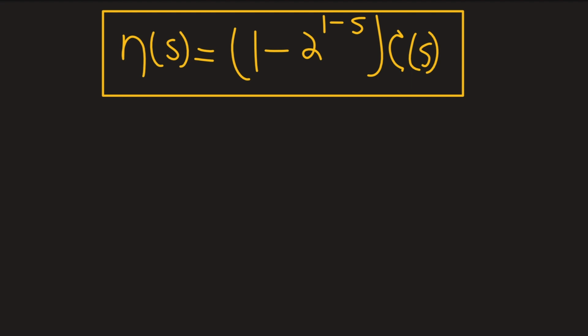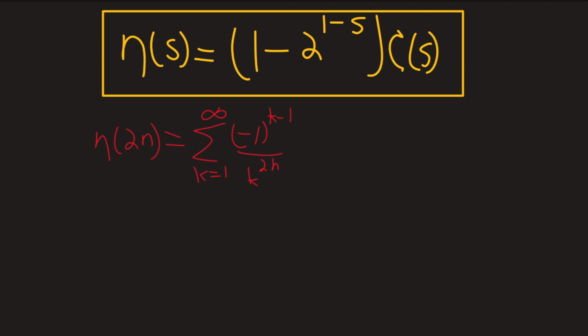To get started, I'm going to consider eta of 2n, which in series form is the sum from k equals 1 to infinity of negative 1 to the k minus 1 over k to the 2n.